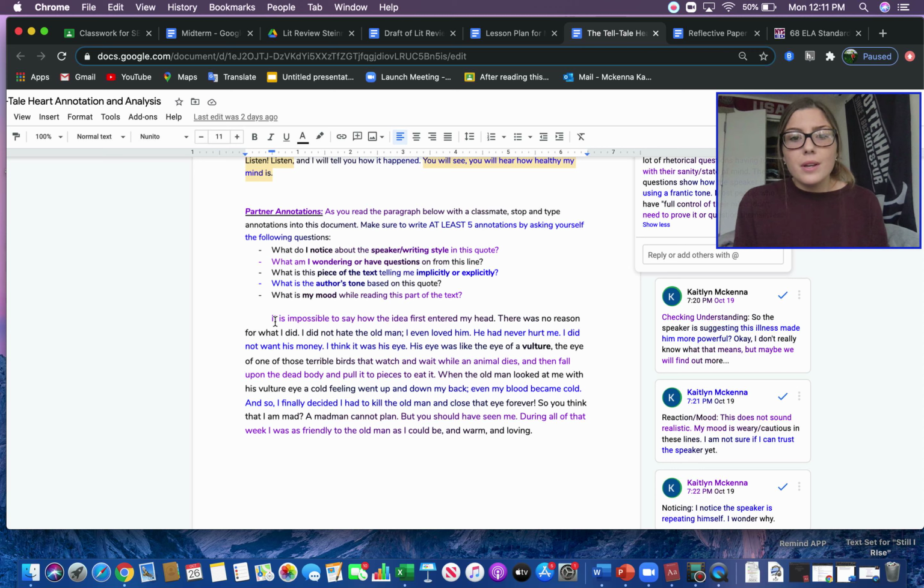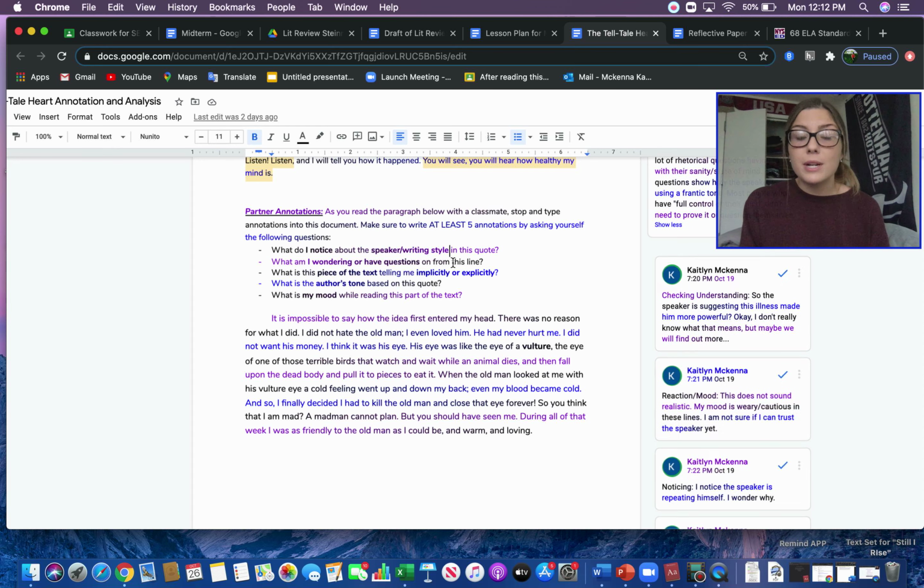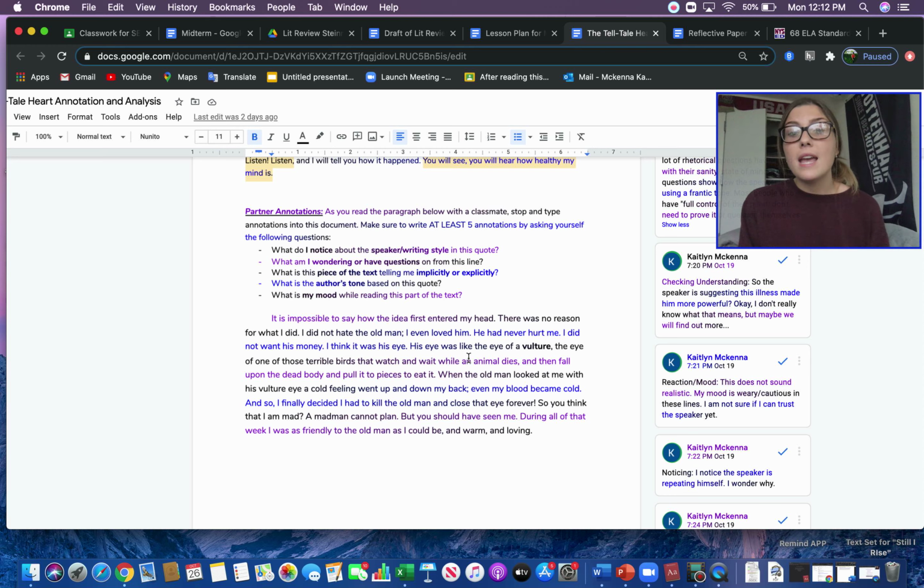A partner reading also allows each student to work on their reading fluency, because if I were to choose a whole class read aloud, there would be about 5 students who get the chance to practice reading aloud. Meanwhile, the partner work gives everyone in the class the chance to actually read. They'll do the same type of annotations I did, keeping these questions in mind, answering them, and doing it with their partner.